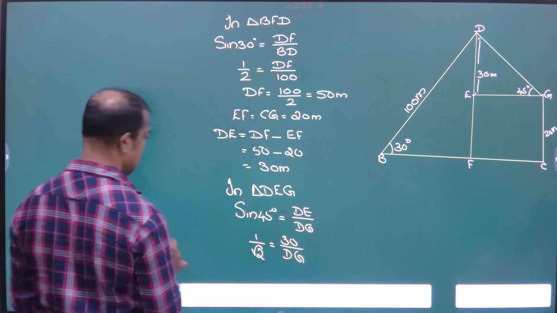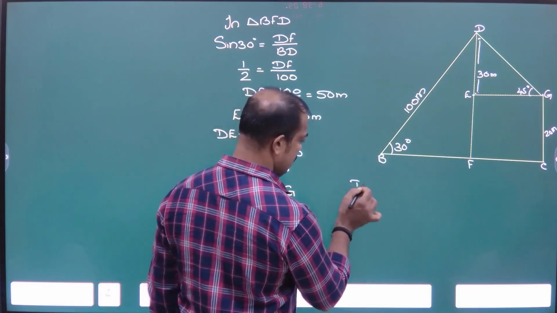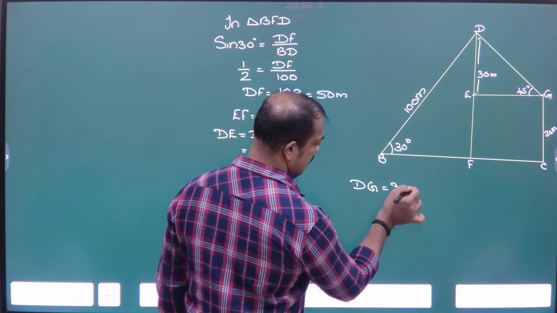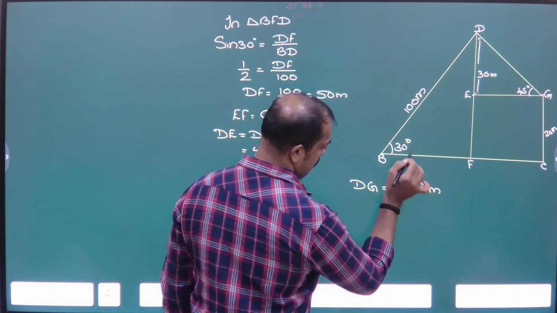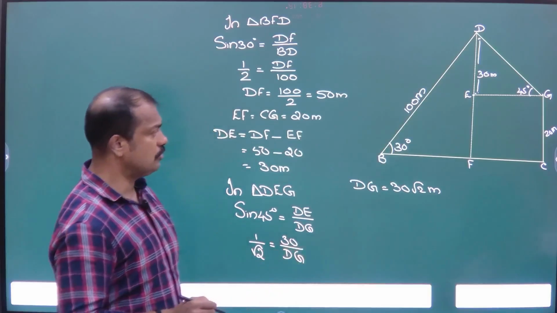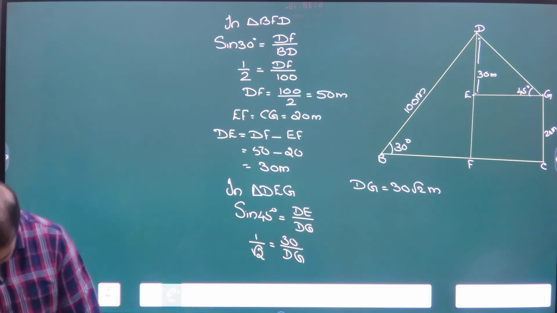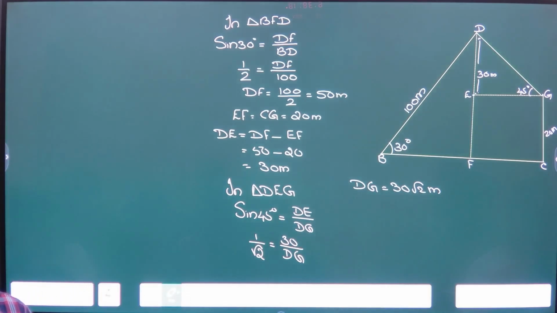Cross multiplication. So DG is equal to 30 root 2. Therefore, the distance of the bird from the girl is 30 root 2 meters. Next question.